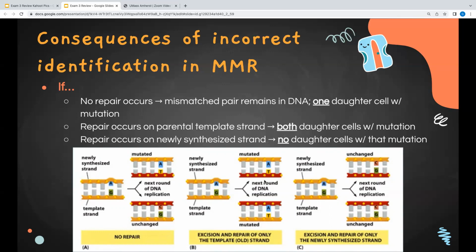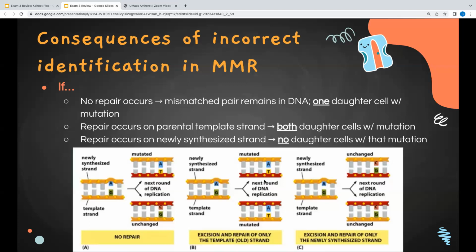If there's no repair and we keep the mutated nucleotide and the non-mutated nucleotide, half your cells in the next generation will have the mutation.